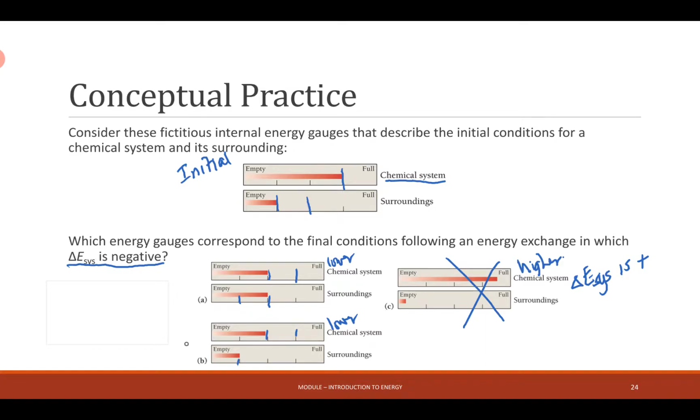So this one is violating conservation of energy, because the surroundings didn't gain anything. We always have to have this equal and opposite relationship. So if the system went down one notch, the surroundings have to increase one notch. And so A shows that principle here.